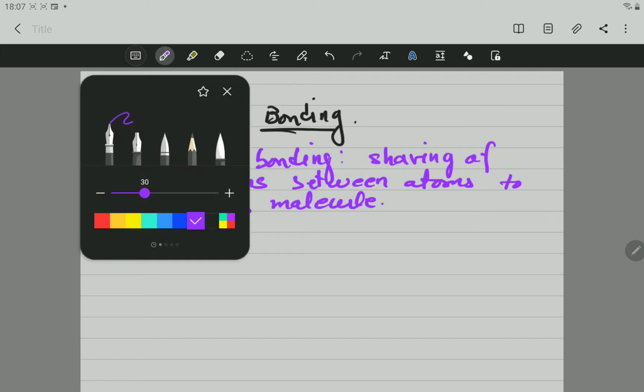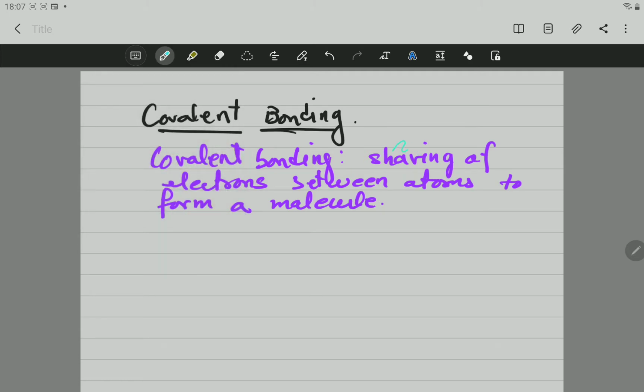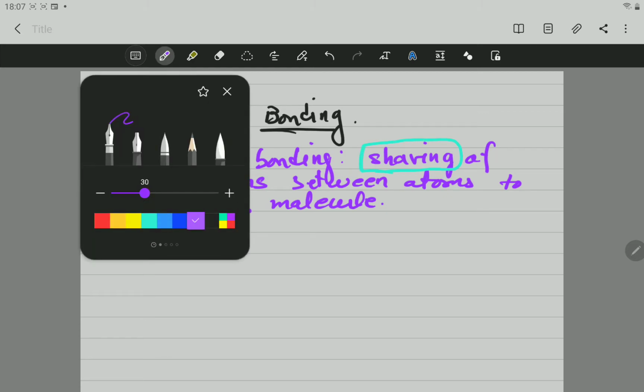Okay, so it's going to be sharing of electrons. There is not going to be transfer. There is going to be sharing.